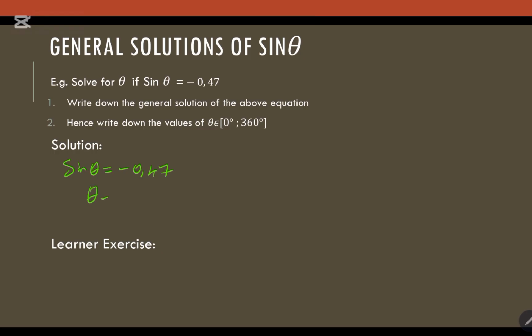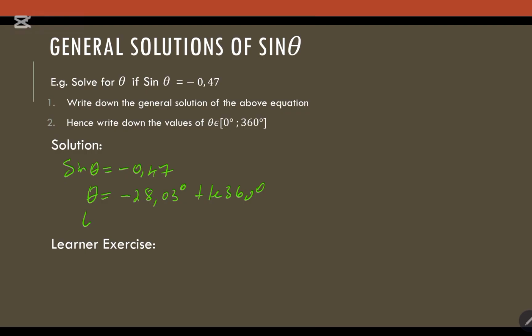So theta equals the inverse, the arcsine of negative 0.47. That is negative 28.03 degrees plus K times 360 degrees, right?